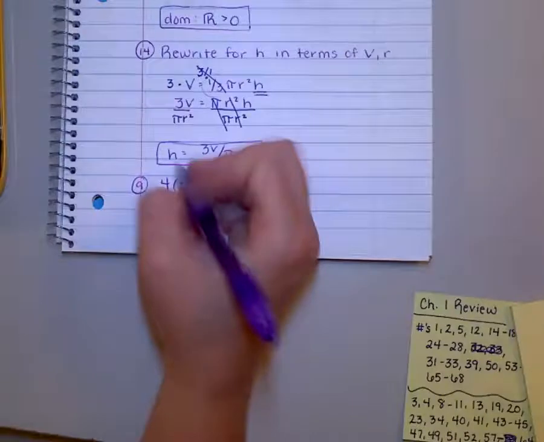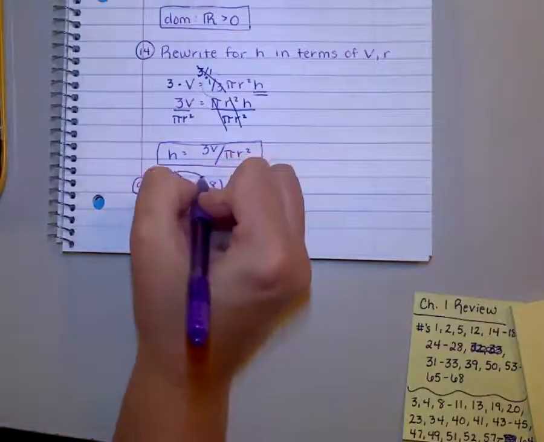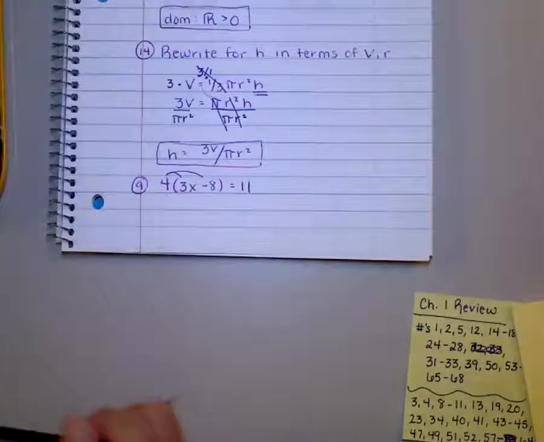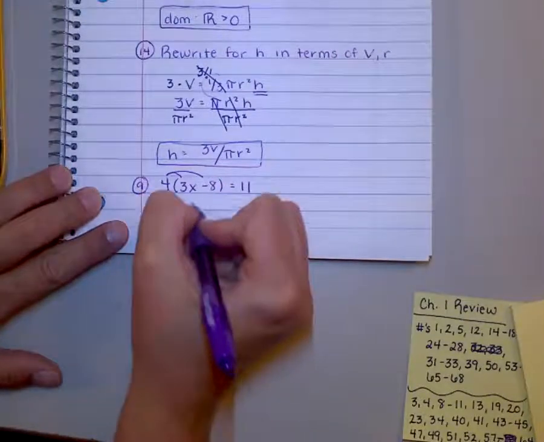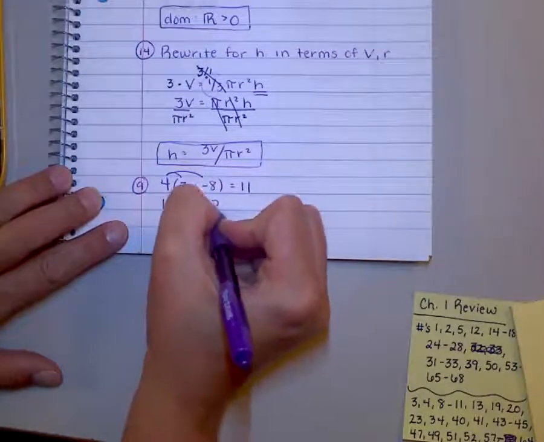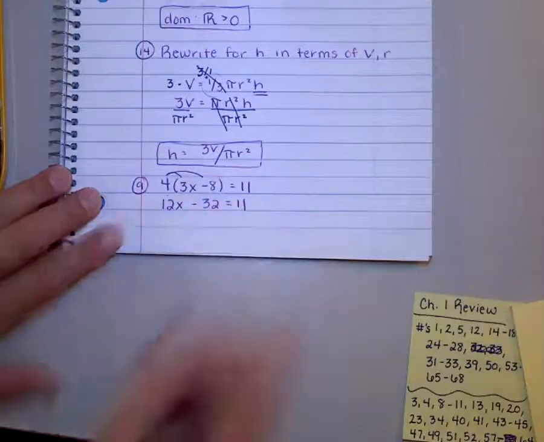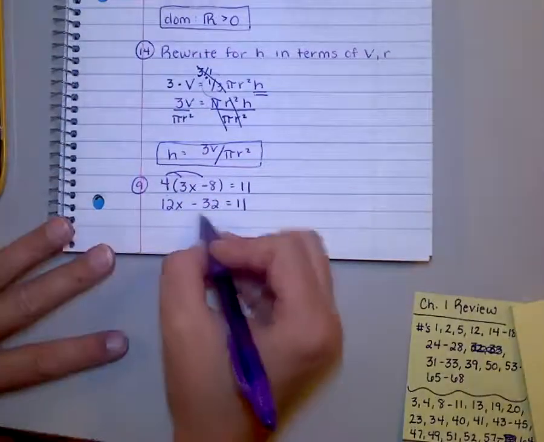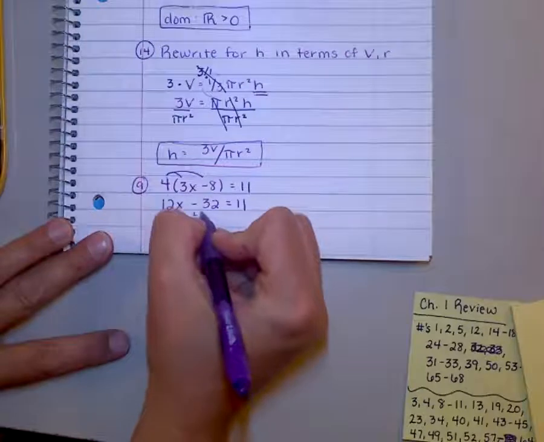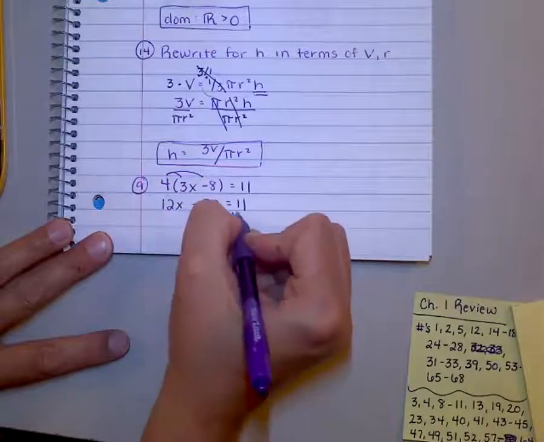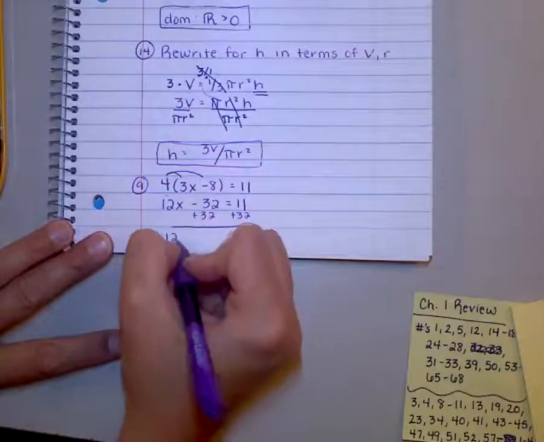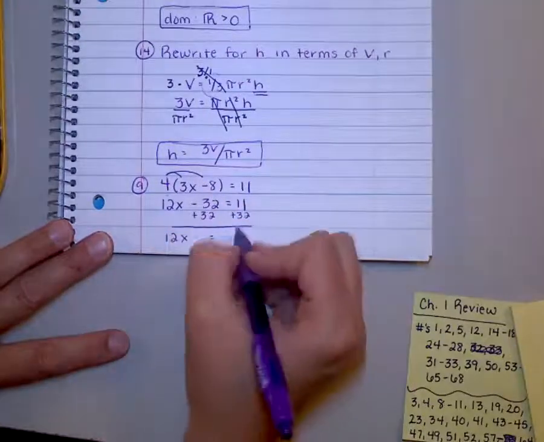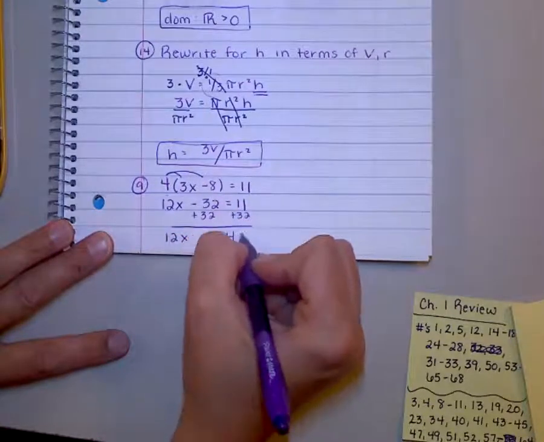So this is probably one where I would just go ahead and distribute, because it's not doing me any favors to divide by 4 right now. So I have 12x minus 32 equals 11. Add the 32 to the other side. And so I have 12x equals 43.